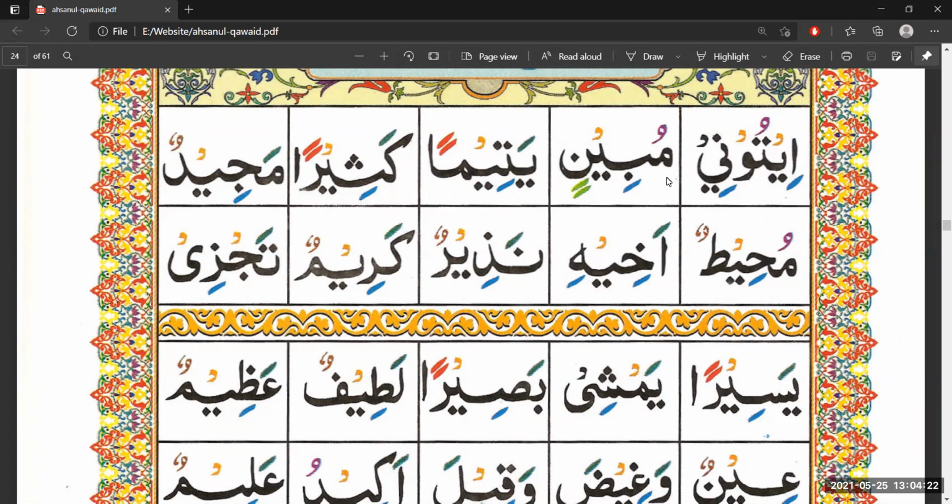Next one, mim, dhamma, mu, ba, kasra, bi. And the ba is connected to a ya with the sukoon, so it would be bi. And then noon, to kasra, nin. Mubinin.